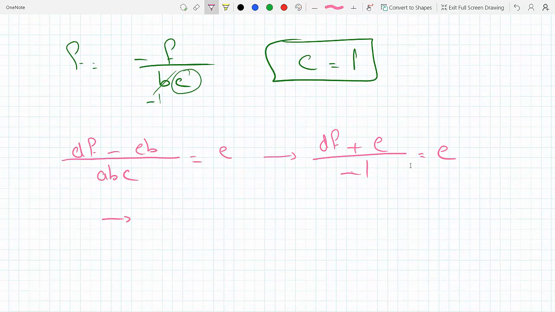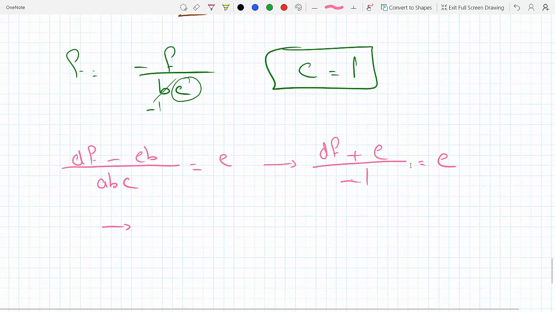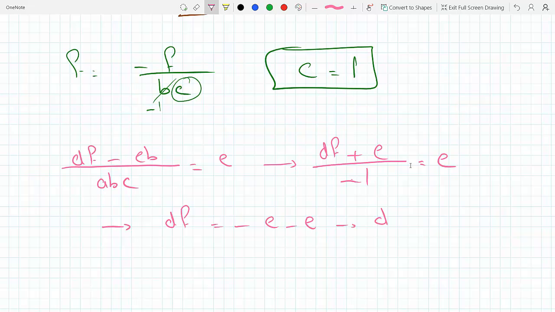Okay, so now if I cross multiply, I would get DF equal minus E minus E. So I would get DF equal minus 2E.